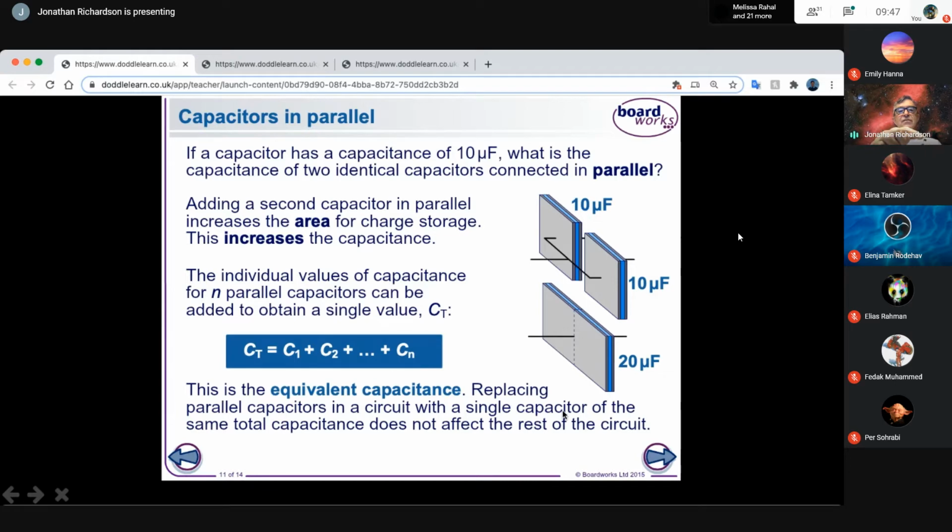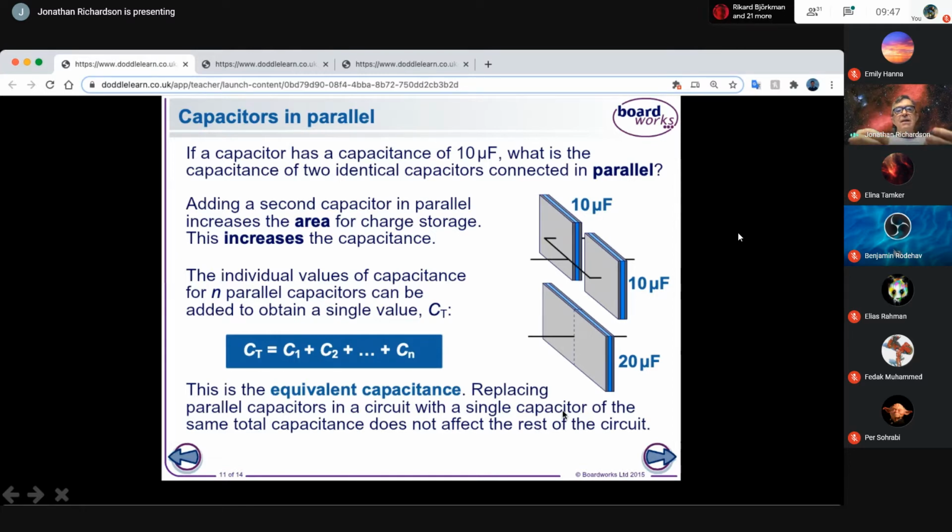So I've got 50, 100, 150 microfarads in total. So that is a simple way of doing it.